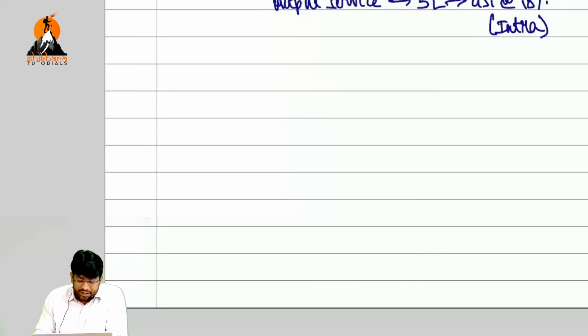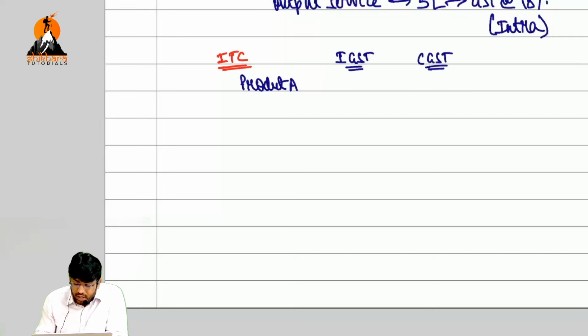Some are still solving. Come on, friends. First, let me calculate what is the input tax credit. Tell me, friends. Product A. I'll take 3 columns: IGST, CGST, SGST. Come on, product A. 90,000.